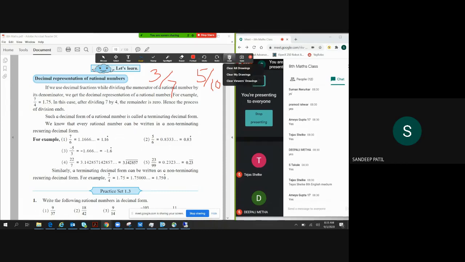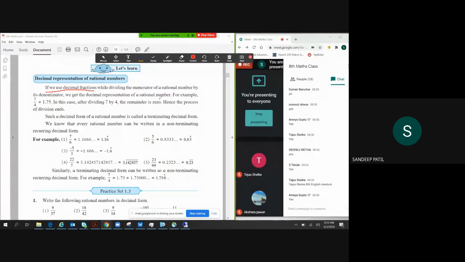So let's see what is meant by decimal representation of rational numbers. I'm just reading the context here. If we use decimal fraction while dividing the numerator of a rational number by the denominator, we get the decimal representation of the rational number. So what is it stating?